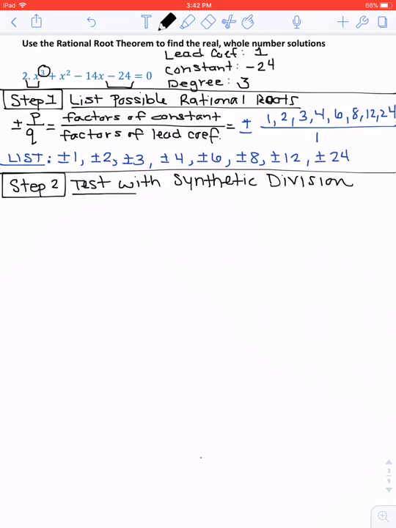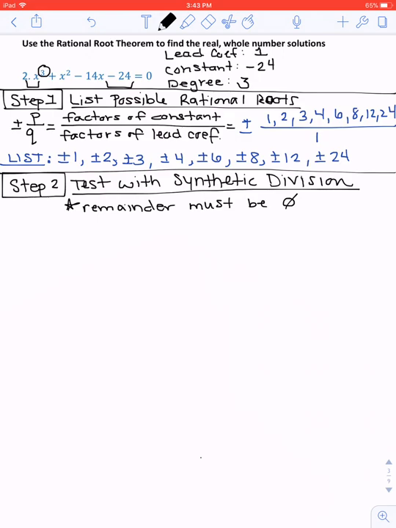How do you know when you test with synthetic division if the value that you used is actually a 0? What does it need to end with? A 0, right? You're looking for a 0. Kind of a coincidence, but it's what it's designed to do, right? So we want the remainder must be 0. That's what we're looking for.